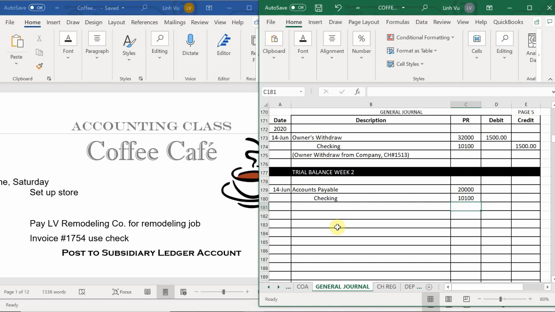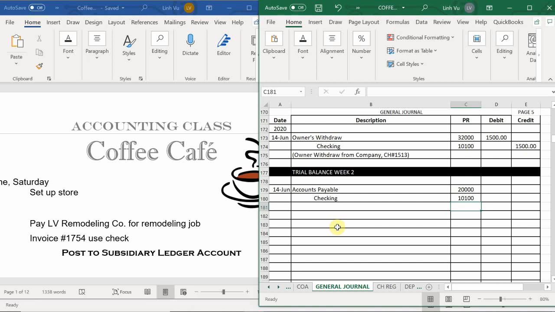How much am I going to write my check out for? 1890. How did you find that number? On my previous entry. Where else can I find it if I didn't want to scroll back that far? How else would I be able to find it? Quick and easy.